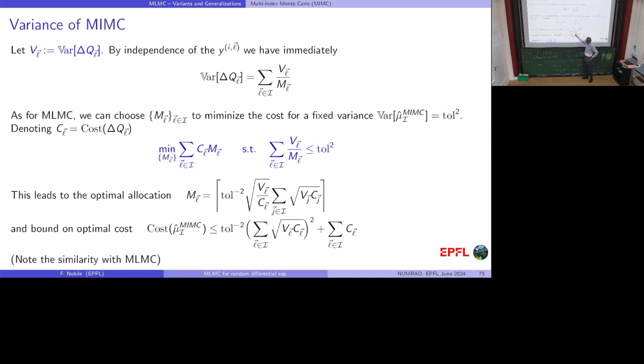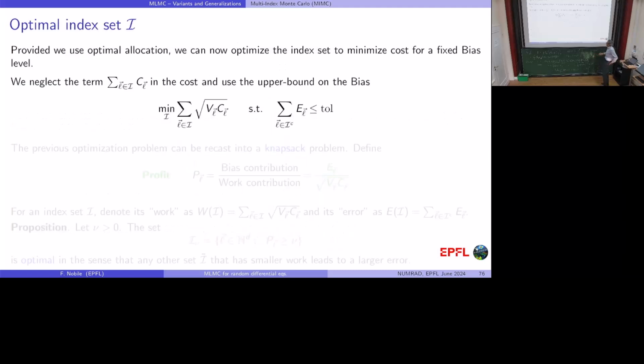So we want to minimize the cost: we find the best index set that minimizes the cost, given that the total upper bound of the error is smaller or equal than the tolerance. Okay? So now I fix the bias level and I find the index set that minimizes the cost, having chosen already the optimal sample sizes on each level.